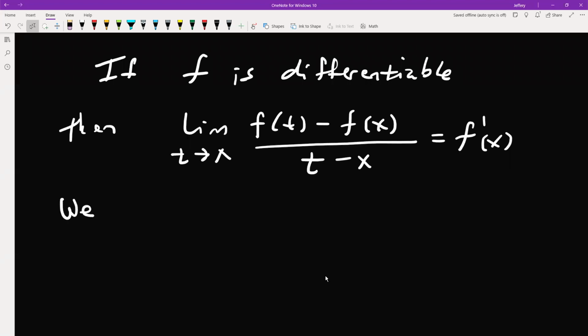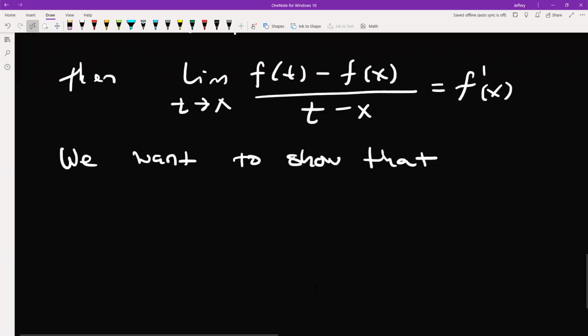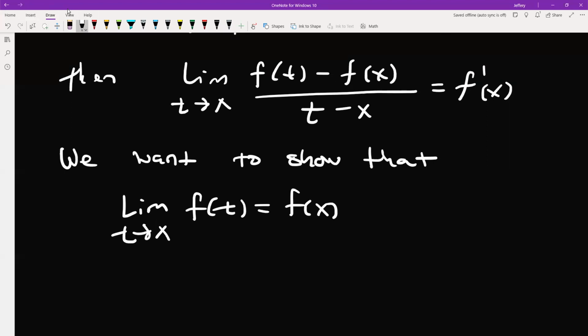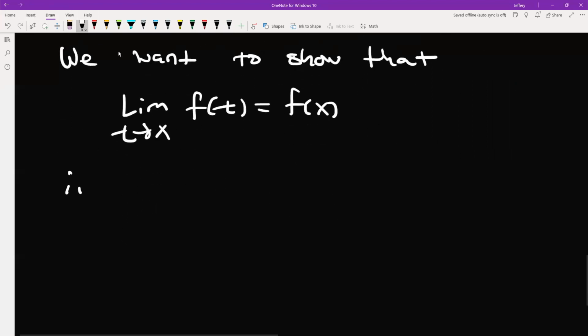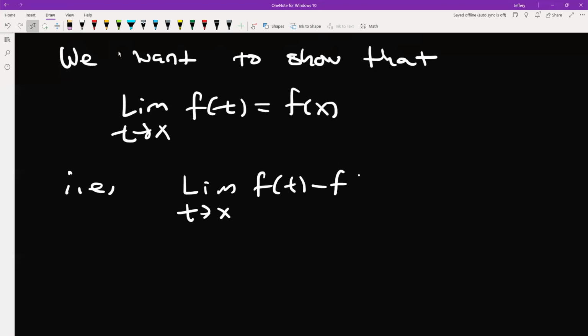So if f is continuous, then the limit as t goes to x for f of t is equal to f of x. In other words, the limit as t goes to x for f of t minus f of x would be equal to 0, right? Because it would be continuous.